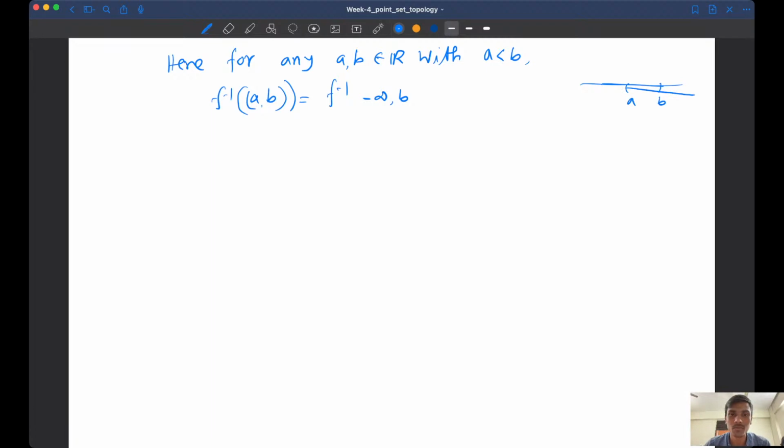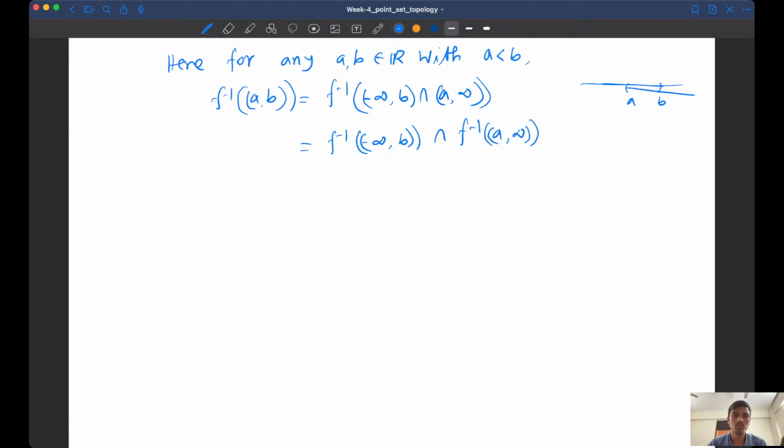Again, the inverse image of this intersection is the intersection of the individual inverses. So f inverse of (minus infinity, b) intersected with f inverse of (a, infinity).